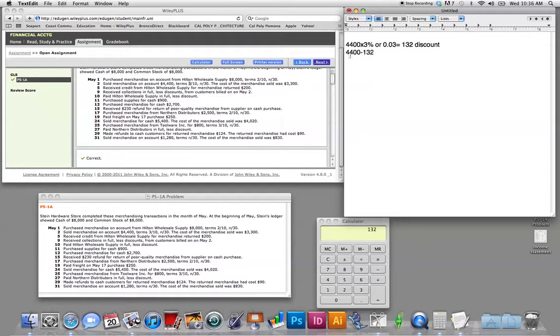amount of $132. So we would do $4,400 minus 132, and that equals $4,268, which we would receive, or Stein's Hardware would receive.